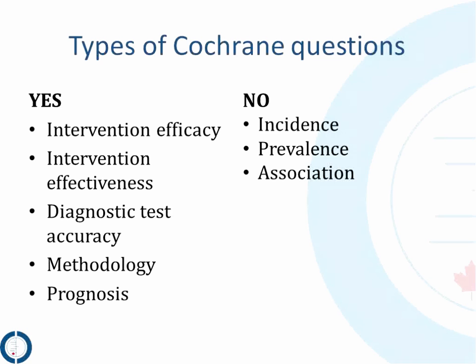I see that someone has asked where these workshops are held, and I'd just like to let them know that the Canadian Cochrane Centre holds them all over Canada. We've had them in Vancouver, we've had them in Halifax, so if you want to go to our website, Erin's just posted the link. You can see what upcoming workshops we have. We have some really exciting plans for workshops coming up this fall.